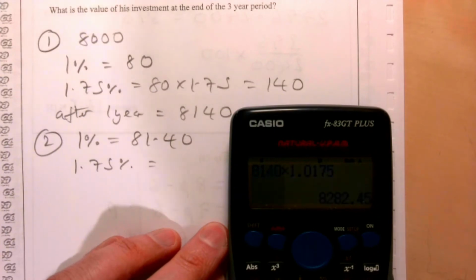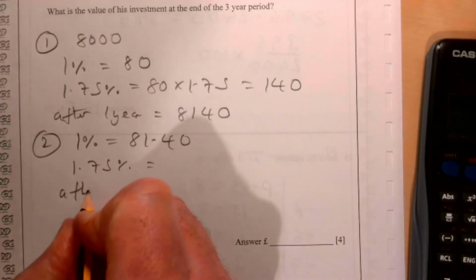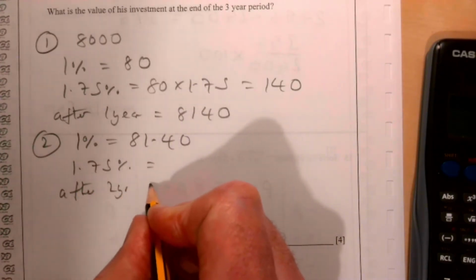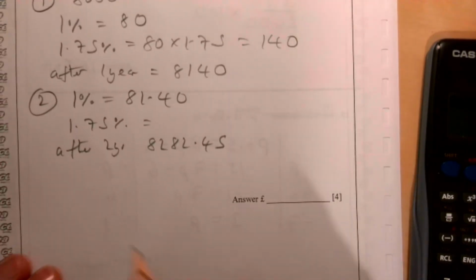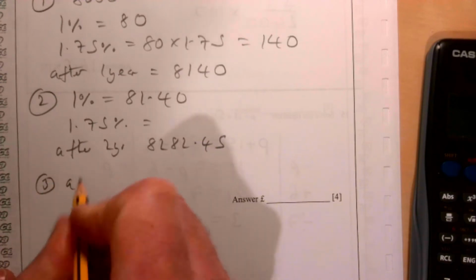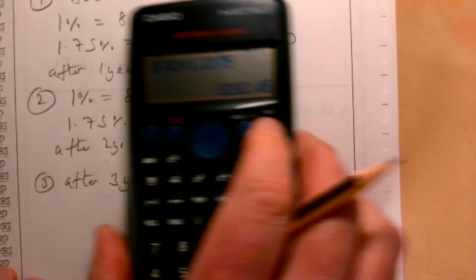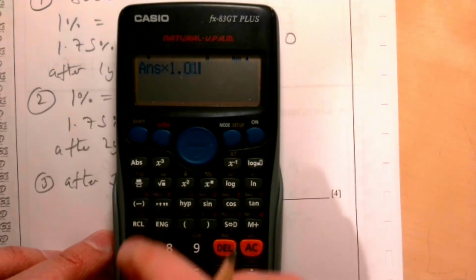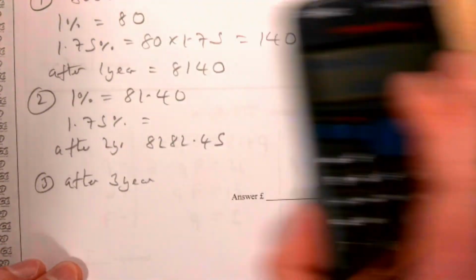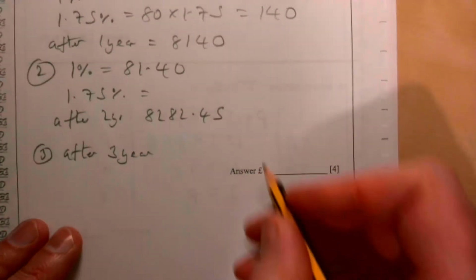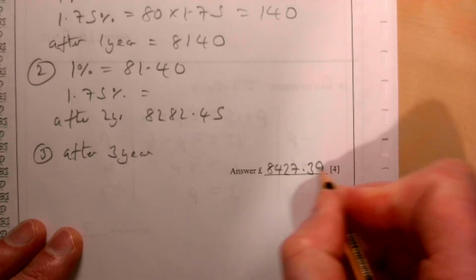So after 2 years then it was 8282.45, and then after 3 years it is 8427.39. So that's our final answer, £8,427.39.